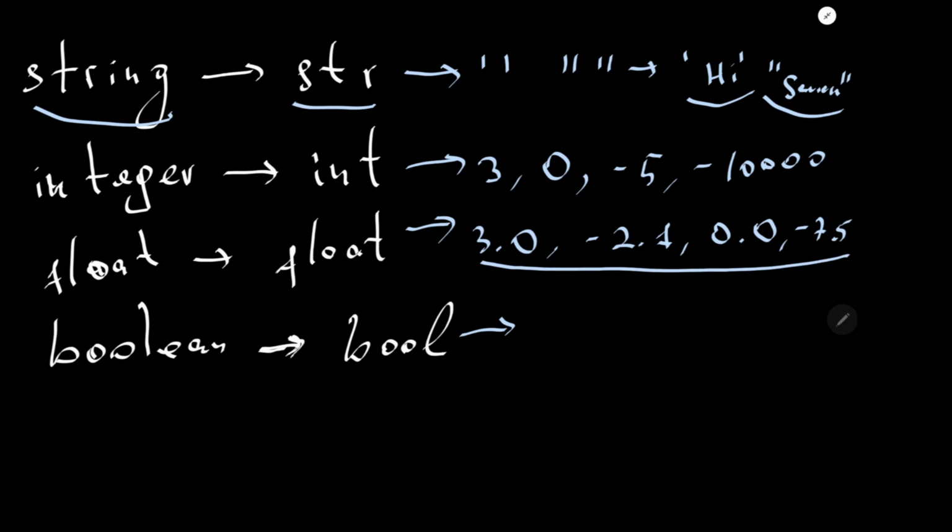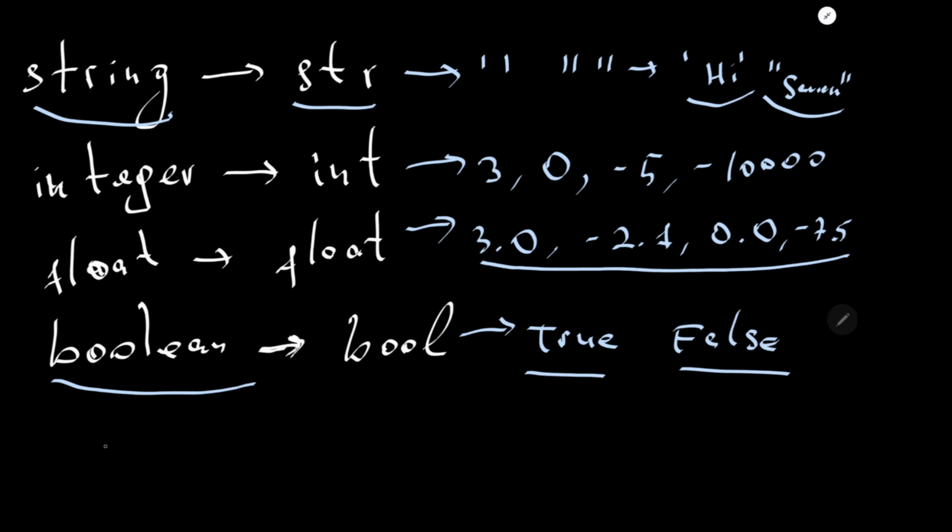All these ones are float. When we create a boolean, it means there should be True or False. If there is True or False, it means this is a boolean type.